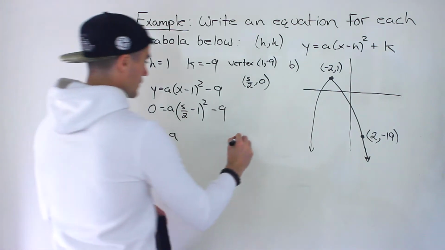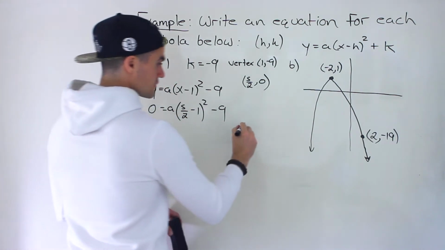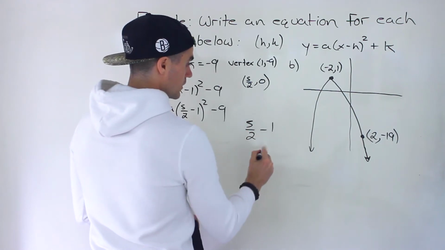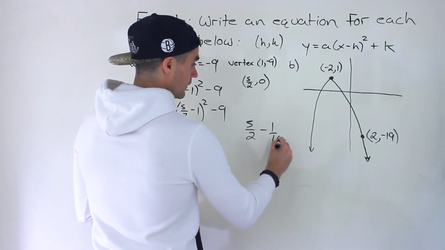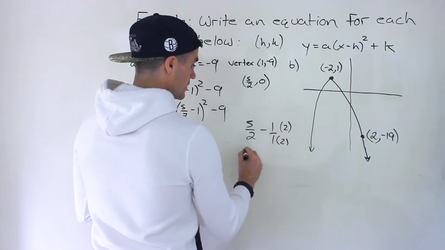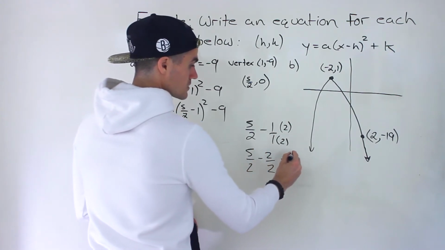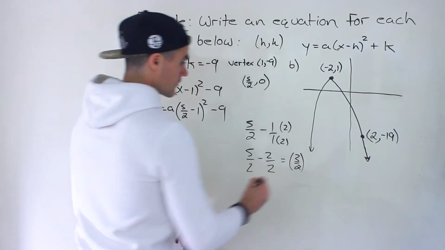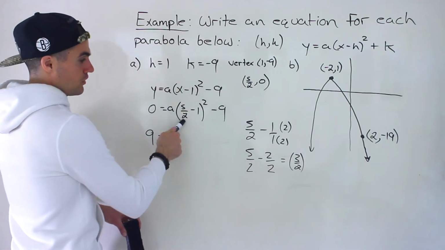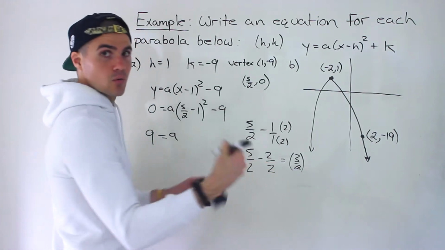Now what's 5/2? We've got to work with the bracket first. What's 5/2 minus 1? Well, that's like 1/1, and then if we get a common denominator, it'd be 5/2 minus 2/2, which would give us 3/2. Or it's like 2.5 minus 1, which gives us 1.5.